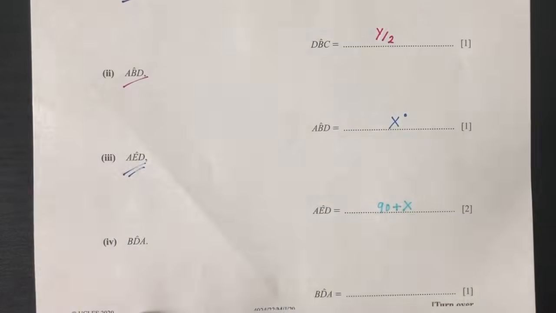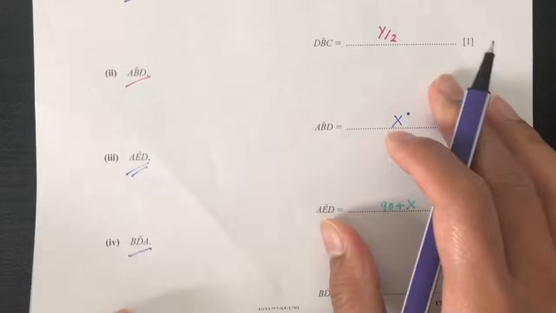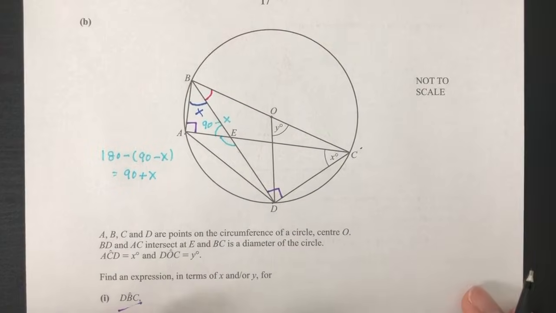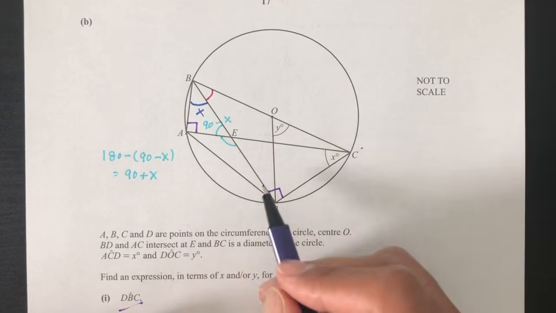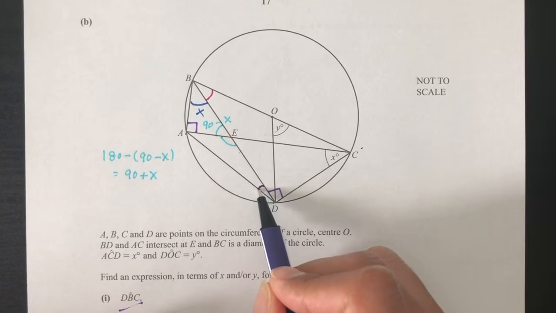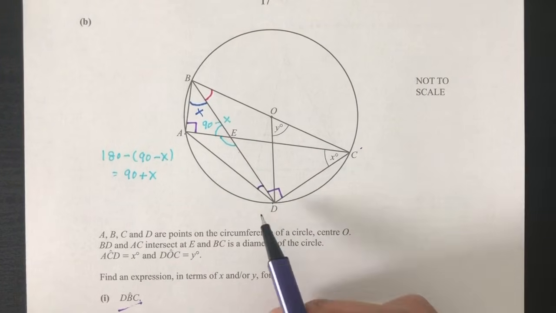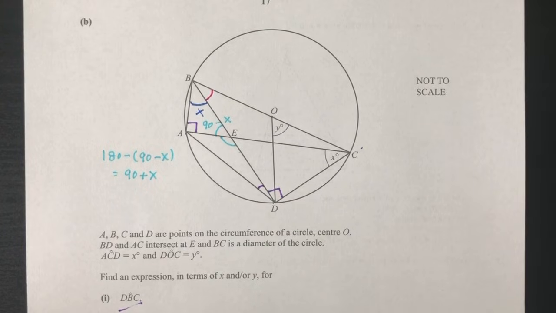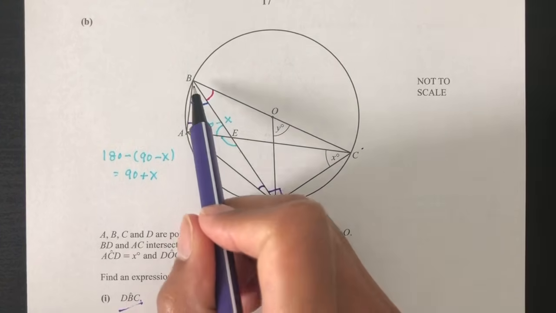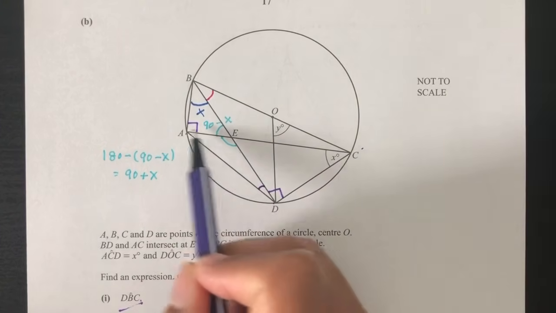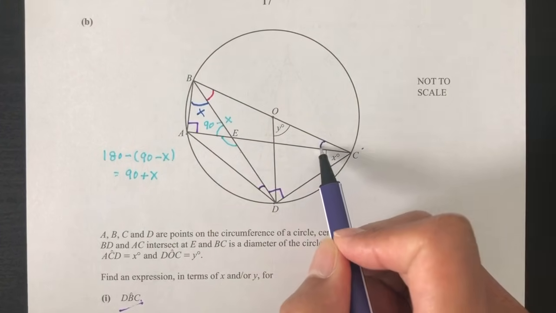Now going back to the last one, we have BDA. Where's BDA? This angle here. How would you find this angle? Let's see what we can derive. As you can see, we have triangle ABC. What is this angle at C?